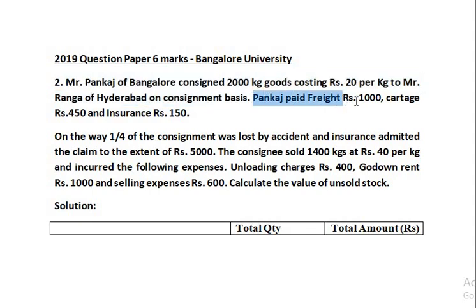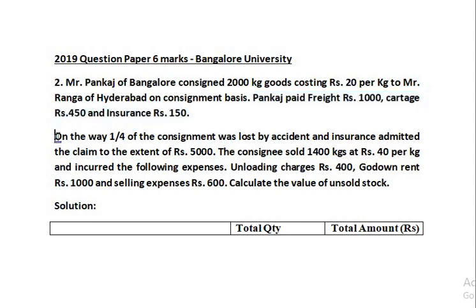Pankaj paid freight rupees 1000, cartage rupees 450 and insurance rupees 150. These are the non-recurring expenses of consignor, all incurred on the road, during the transit of goods from Bangalore to Hyderabad.